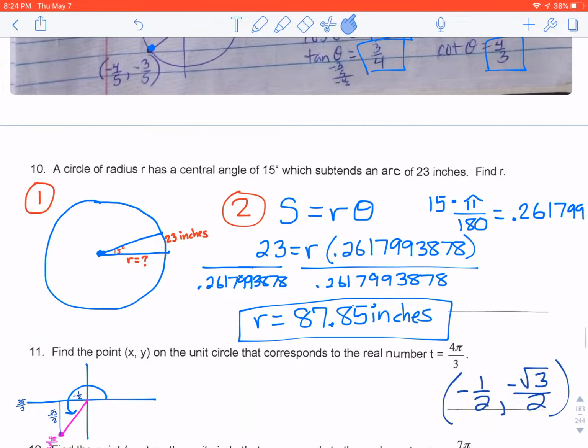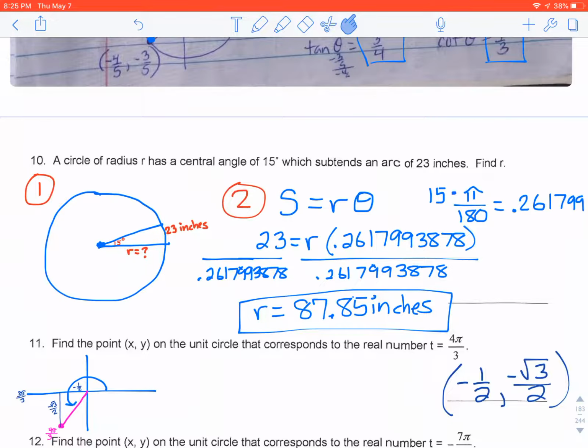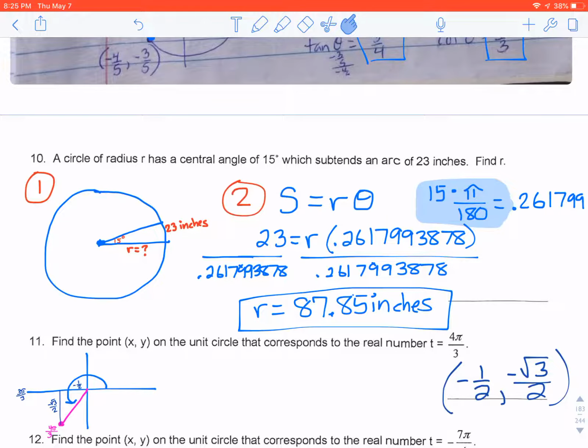So remember that. On the side here, I put our 15 times pi over 180. That's going to convert your 15 degrees to a radian. So it's about, I rounded here, I ran out of room, 0.261799.